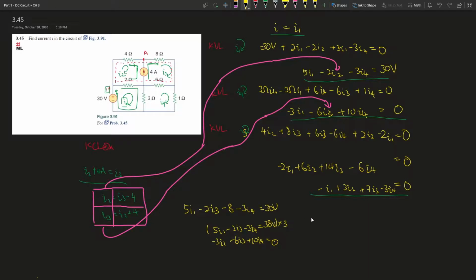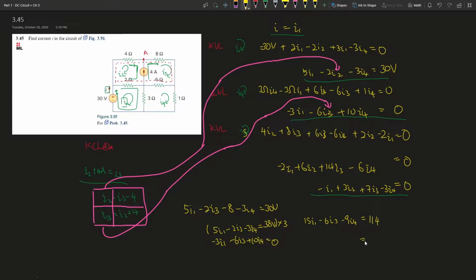Let's see. This would be times 3, so 15I1 minus 6I3 minus 9I4 equals 2, so 1.